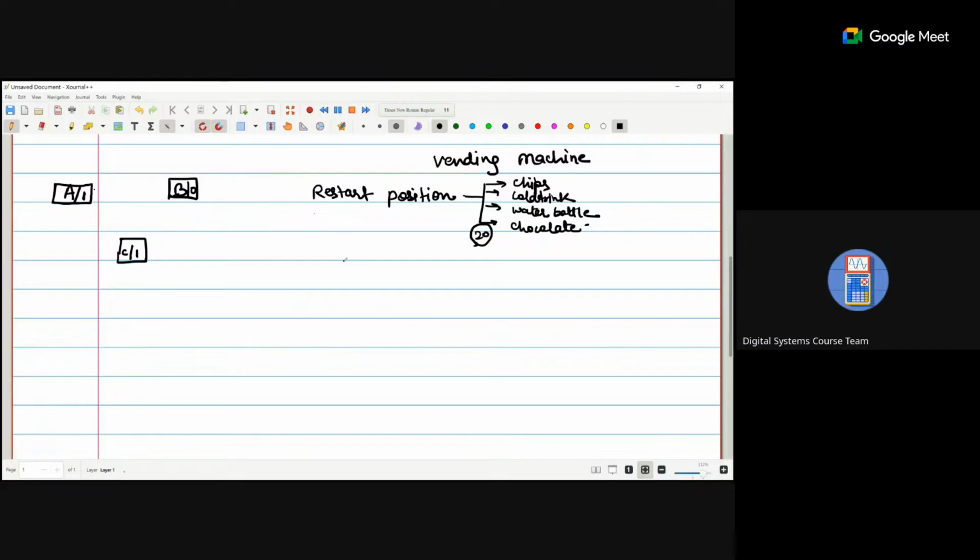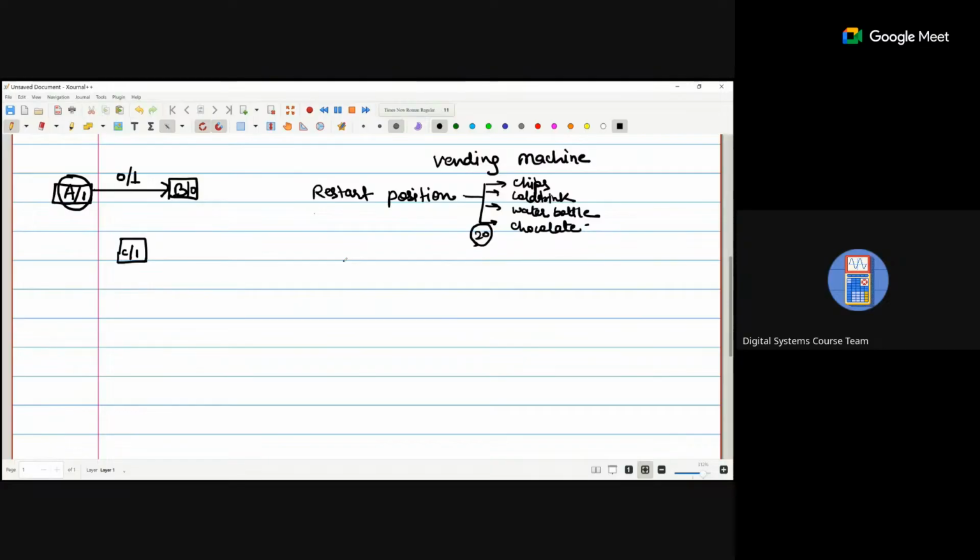With A and input 1, we go to B. So we only mention what the output is, either 0 or 1. That means this state is fixed, we are not changing it with the input. So the next state is not dependent on the input, it is only dependent on the state.